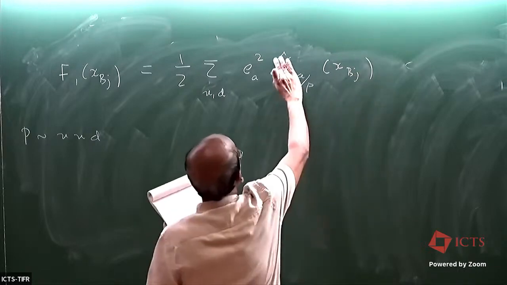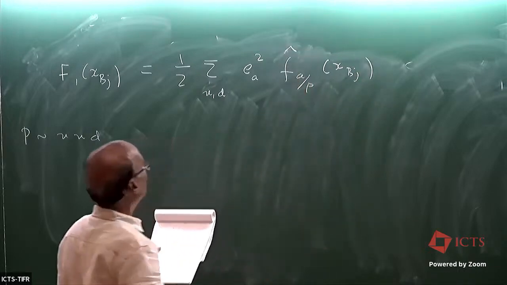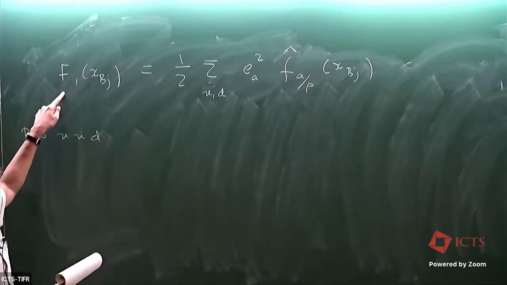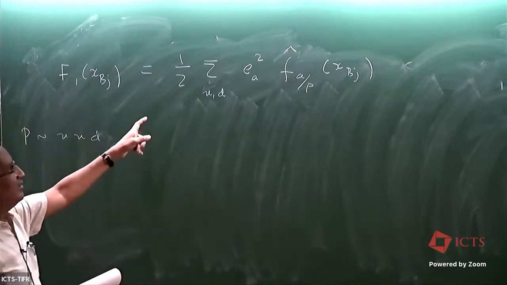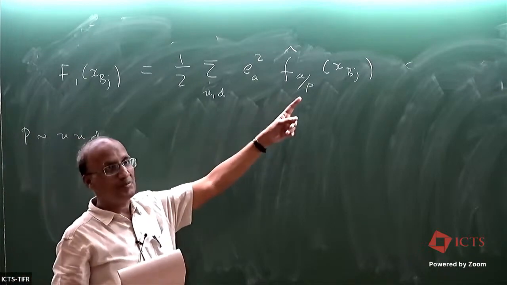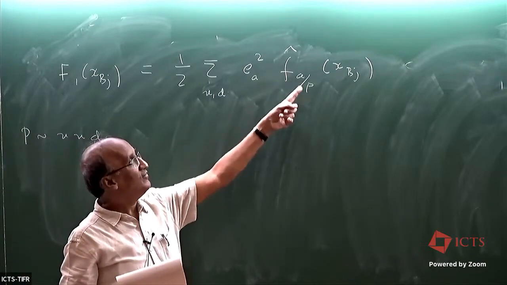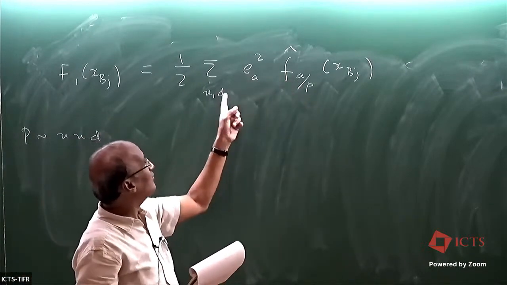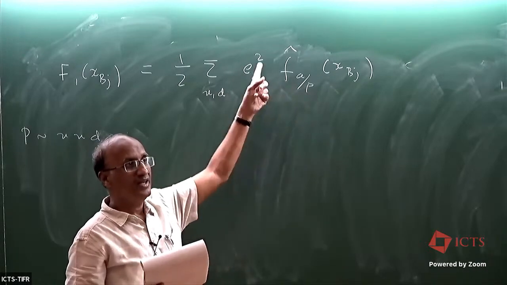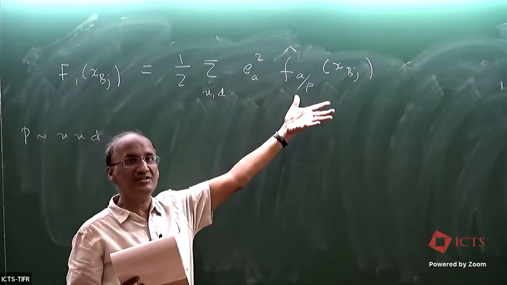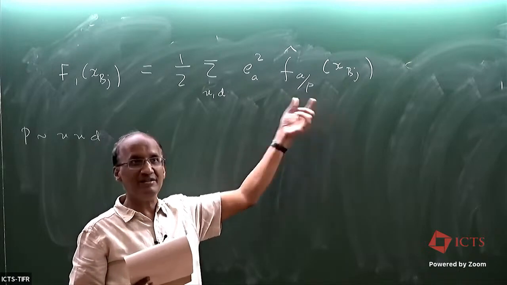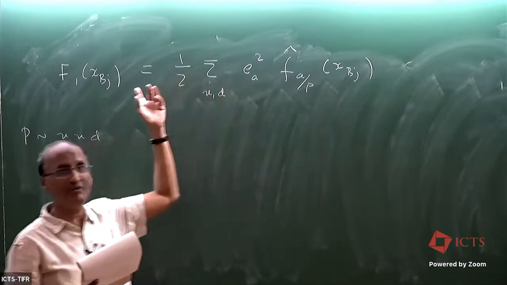This is the result that you get. You calculate F1 using this model, you find that it will be proportional to Fa. So you can just put A equal to U, A equal to D, with the corresponding charges. So it's just a sum of probabilities weighted by the charge factor that we call F1.